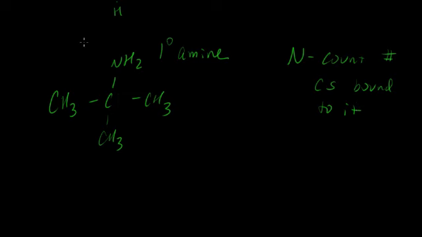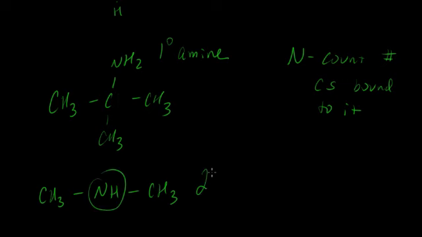Well, we can also have a secondary amine. Here we have a dimethylamine, and we have 2 carbons bound to this amine. So this is going to be a secondary amine.